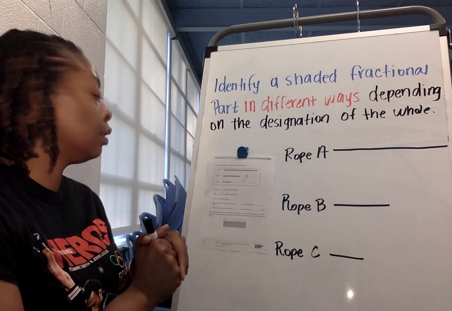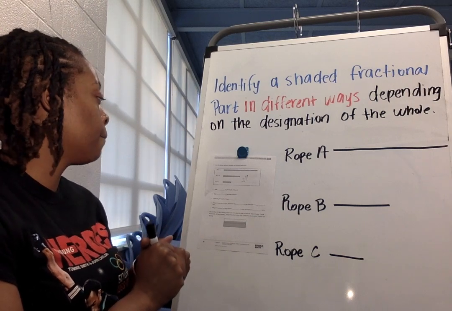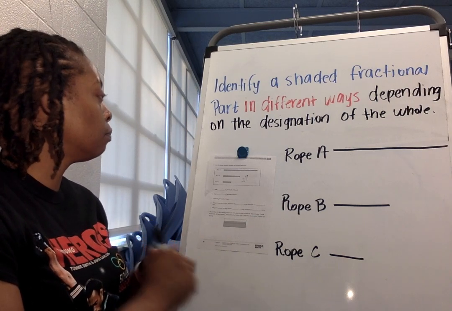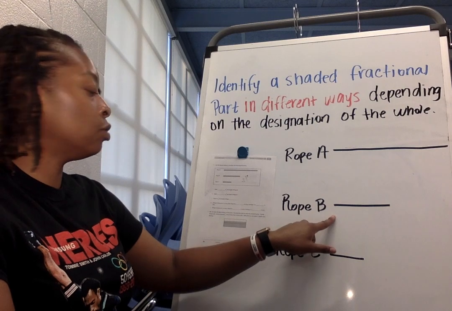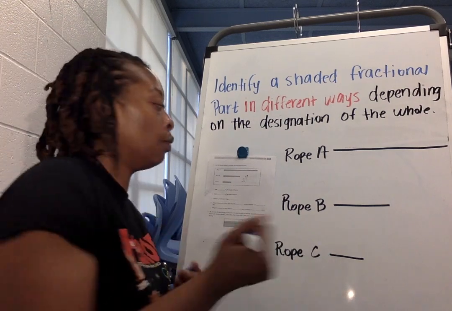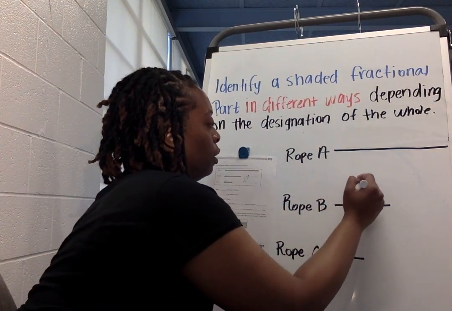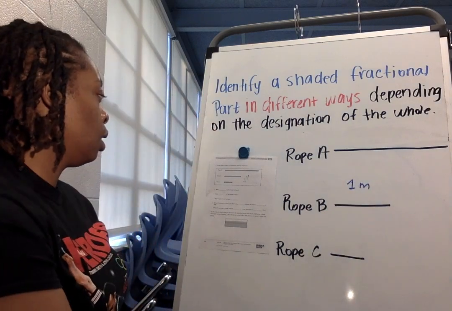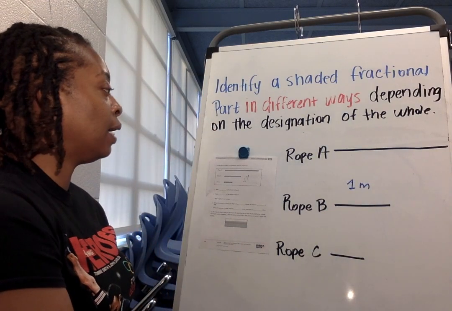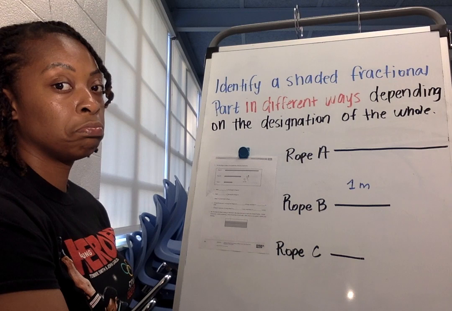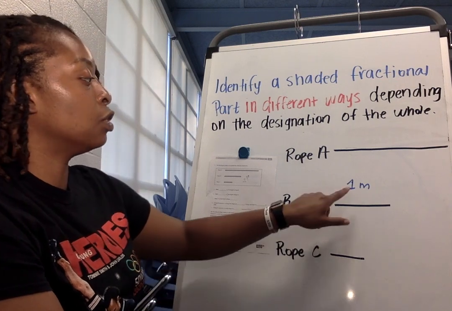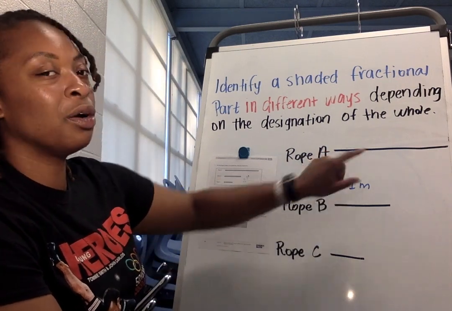D gets a little tricky here. If rope B is 1 meter long, so let's say that rope B is 1 meter long, then rope A is blank meters long. So if rope B is 1 meter long, how long is rope A?